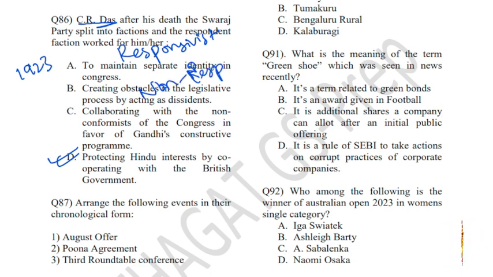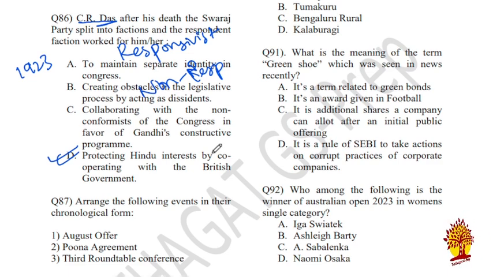Lala Lajpat Rai, N.C. Kelkar, and Madan Mohan Malviya were in the category of responsivists, who had the intention of safeguarding Hindu interests by cooperating with the British government in 1926. Okay, and non-responsivists like Motilal Nehru withdrew from the central legislature. So option D is the right answer here.